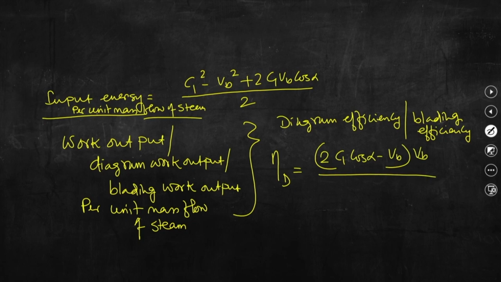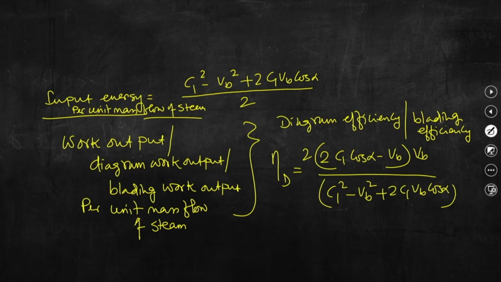So, we can write C1 square minus Vv square plus 2 C1 Vv cos alpha, and basically the 2 will go there.